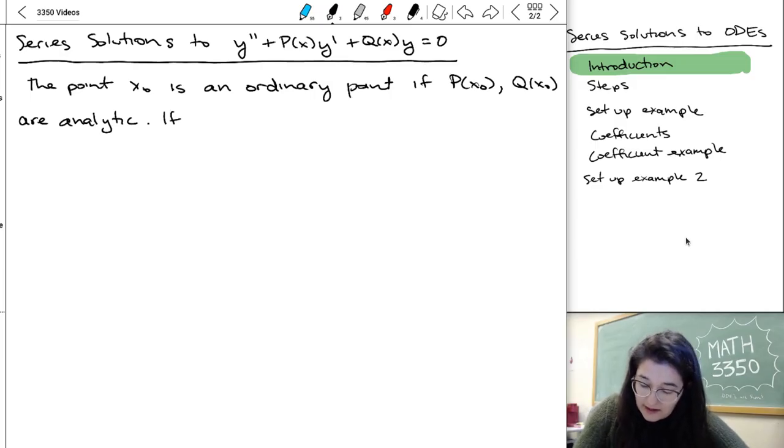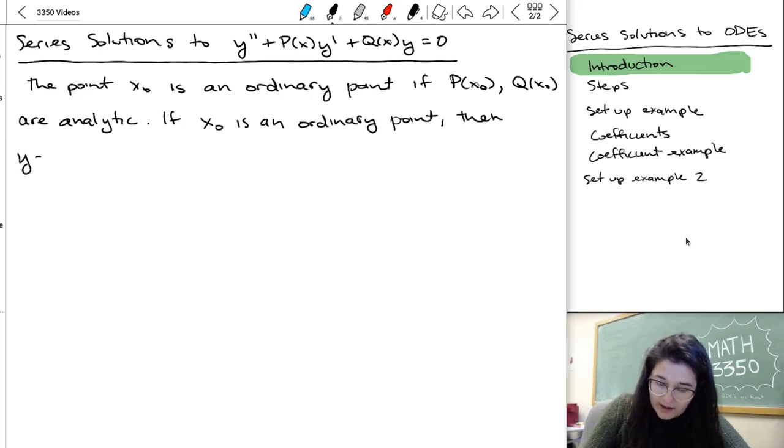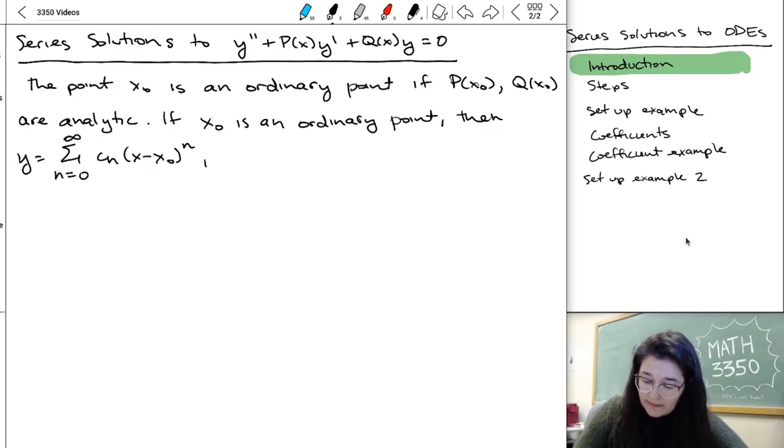And then if x0 is an ordinary point, then y equal to the infinite sum n equals 0 to infinity c sub n times x minus x0 to the power n is a solution to the ODE.